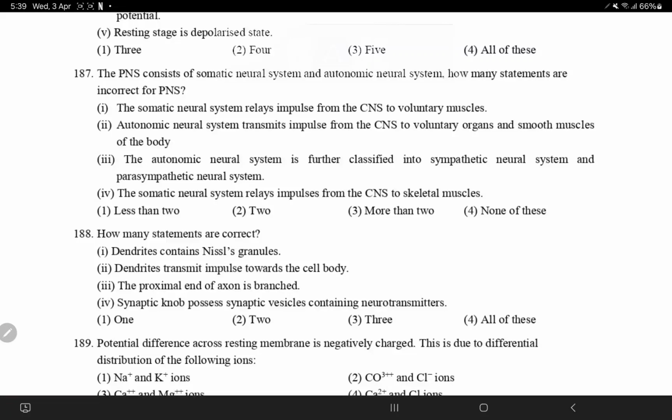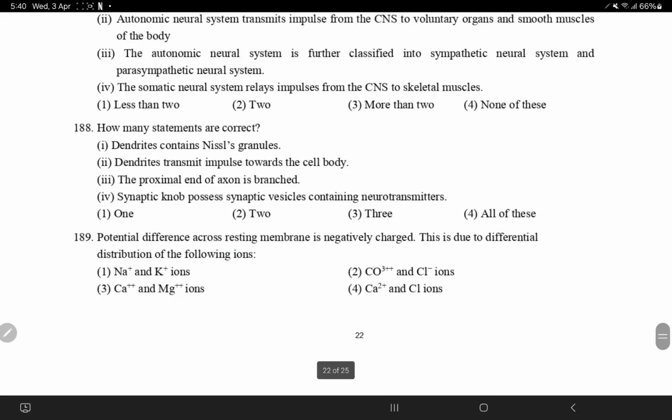The autonomic nervous system is further classified into sympathetic and parasympathetic, right? Somatic nervous system relays impulses from CNS to skeletal muscles. So more than 2 are correct. So 1 is wrong. Involuntary organs, not voluntary.